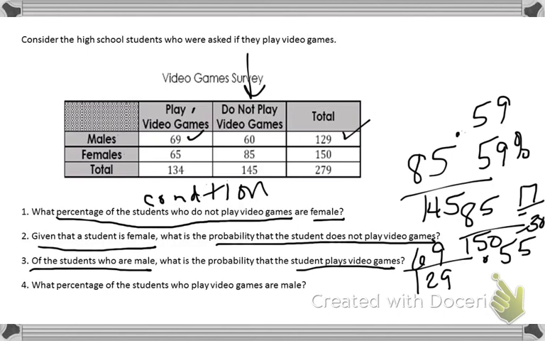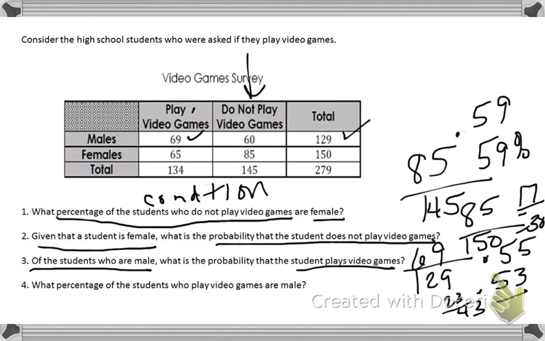And again, you can either leave it as 0.53, or simplify it, 23 over 43. A lot of it depends on what the answer choice is. It may be in decimal form or it may be in fraction form.